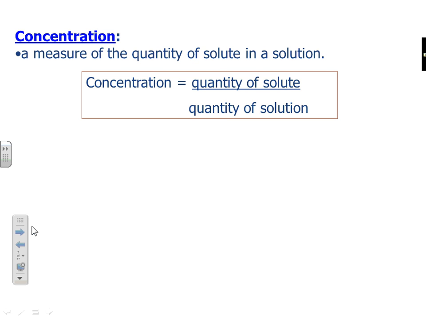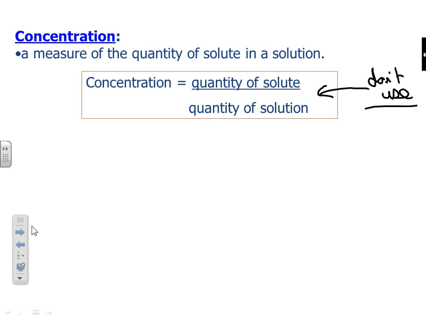So when we talk about concentration, or how concentrated it is, it's usually represented as a ratio of the solute, the stuff that's being dissolved, divided by the amount of solution. Now, this equation right here, you will never use, so don't use it, because we're going to be teaching you specific versions of the concentration equation.